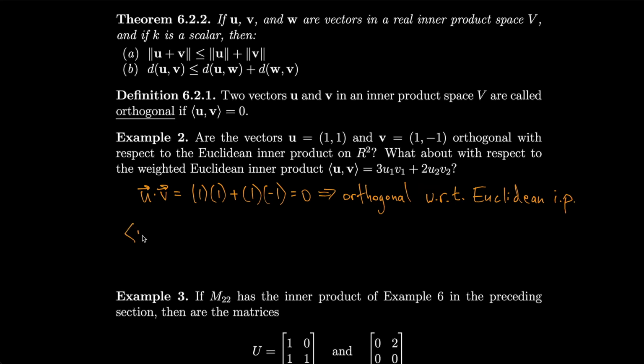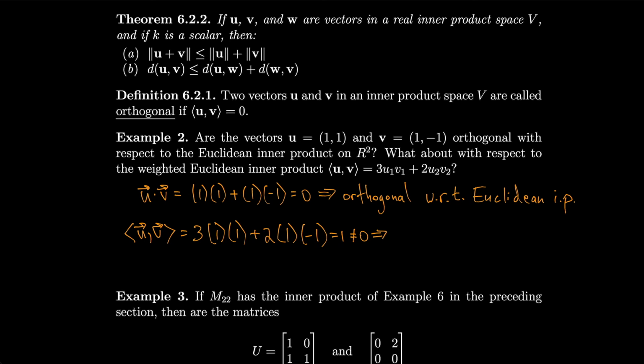And how about the weighted Euclidean inner product? Let's take that now. Well, using the formula they gave us, that'll be 3 times 1 times 1 plus 2 times 1 times minus 1, which is 1, which is not equal to 0.